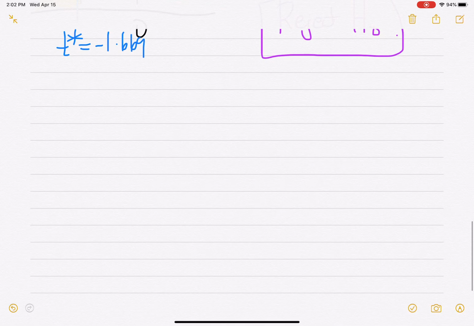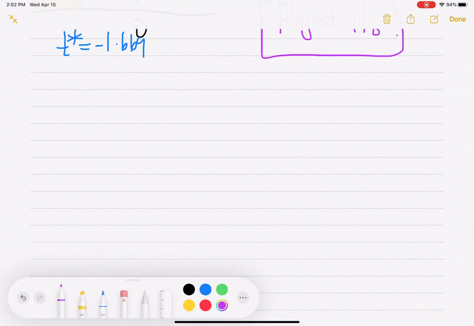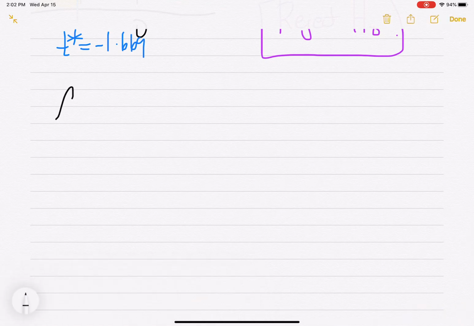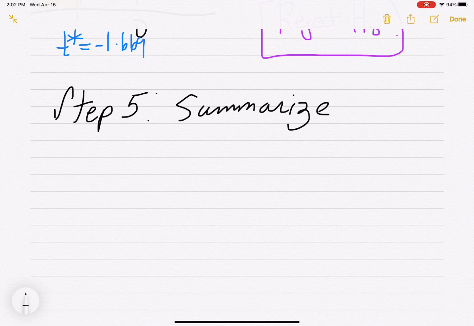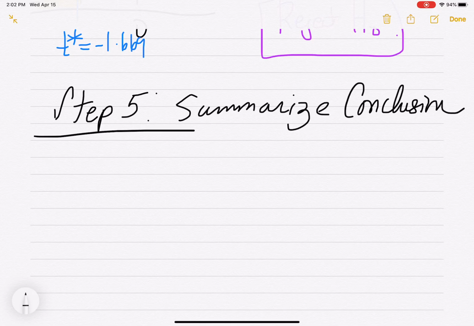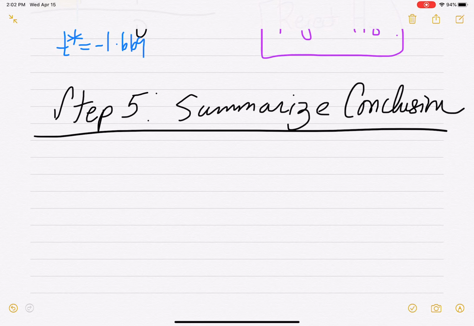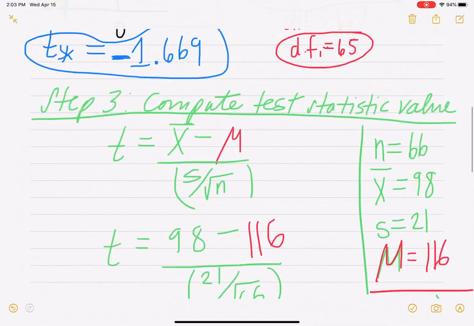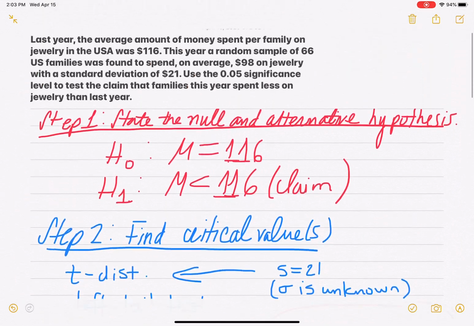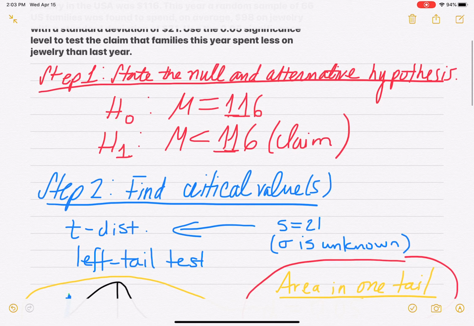So step 5, our final step, is to make a conclusion. We rejected the null hypothesis, and the claim we were testing was about less than. It did not involve equality.